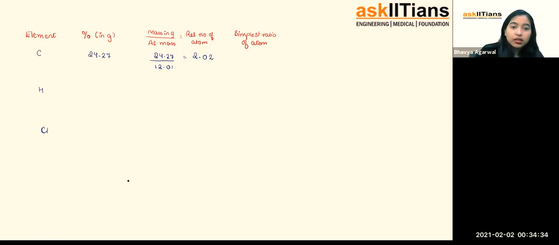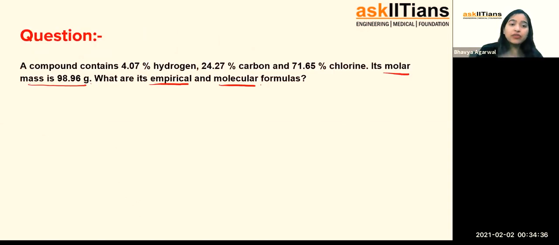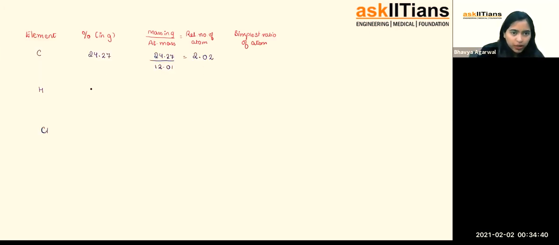Now, again, the percentage of hydrogen is given as 4.07%. So I'll write it here, 4.07. Second step is to divide it by its atomic mass, which is 1.008. To be very precise, you can also take 12 for carbon, 1 for hydrogen. No problems with that. Don't worry.